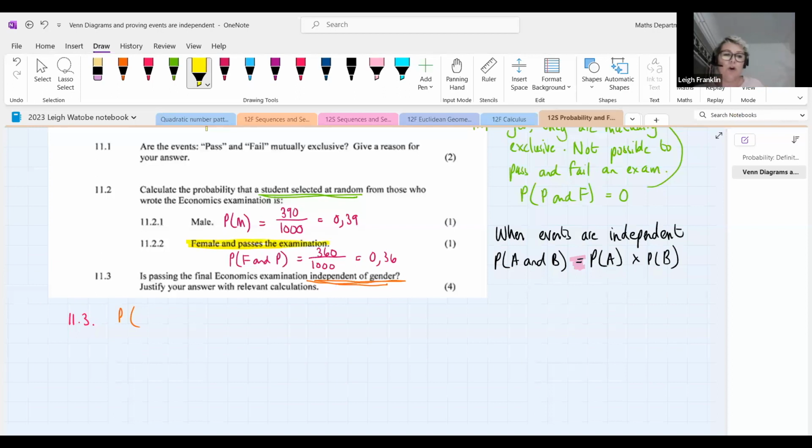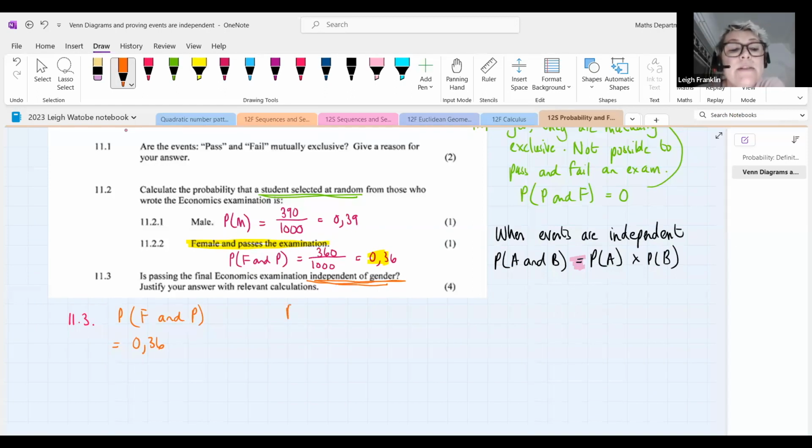Use what you've got. Because Yolenda's a girl and I'm a girl, we're going to go with female and passes the examination, because we've already got this information. So we're going to work with the probability of female and passes, which we've already established is 0.36.